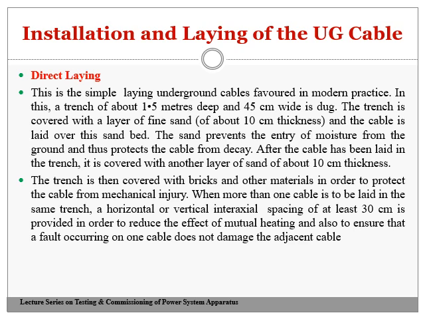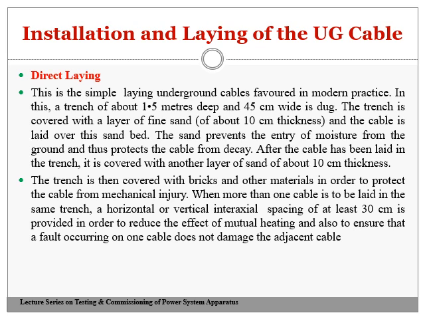The trench is covered with a layer of fine sand of about 10 centimeters thickness. You dig a trench according to the given dimensions, with a sand bed at the bottom. Then the cable is laid over the sand. The sand prevents the entry of moisture from the ground and thus protects the cable from decay.